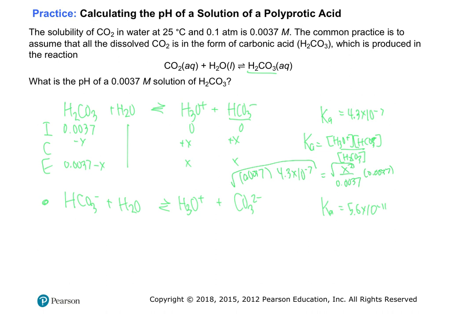So we end up getting our hydronium concentration, I'll write it down here, as 3.99 times 10 to the negative 5. So my pH is going to be the negative log of that. And so that will give me a pH of 4.40.